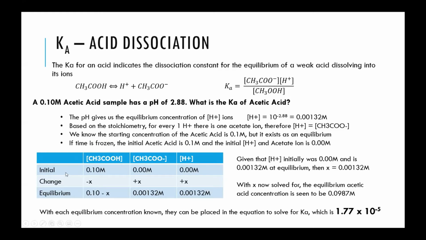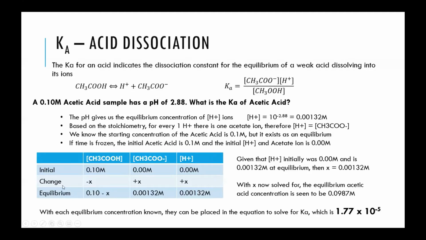So initially, there is 0.10 molar of acetic acid. And before it breaks apart, before time starts, you have a concentration of H plus and acetate ions of 0. However, this is not in equilibrium. It needs to shift. There are too many reactants, this pure acid molecule, and no products.